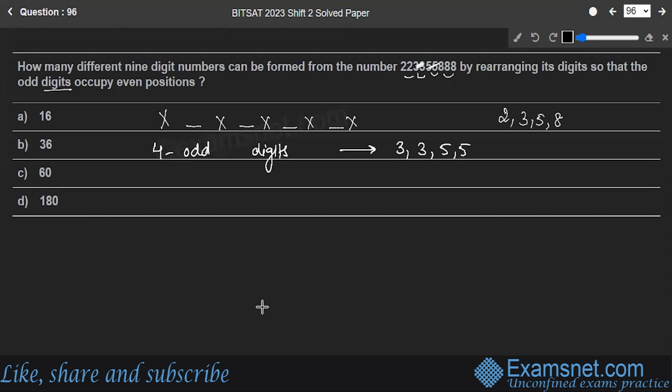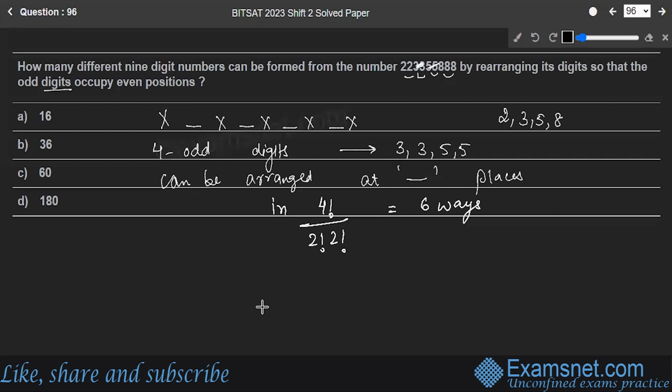Now these can be arranged at the blank places, the even places. And this can be done in how many ways? It can be done in 4 factorial divided by 2 factorial, 2 factorial. So this can be done in 6 ways.